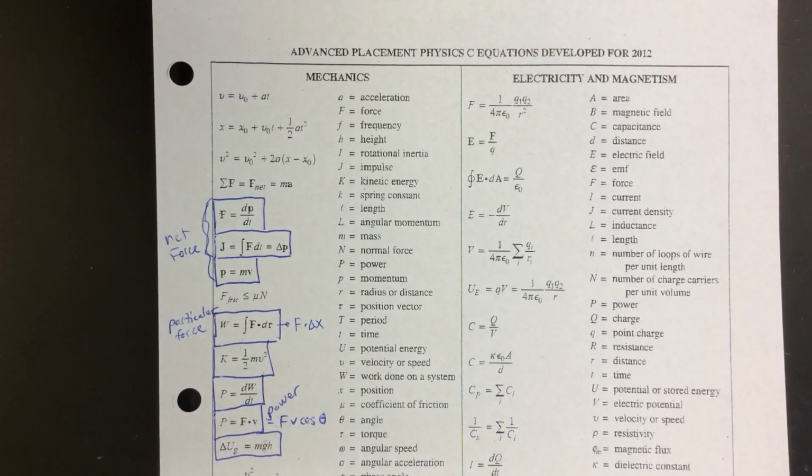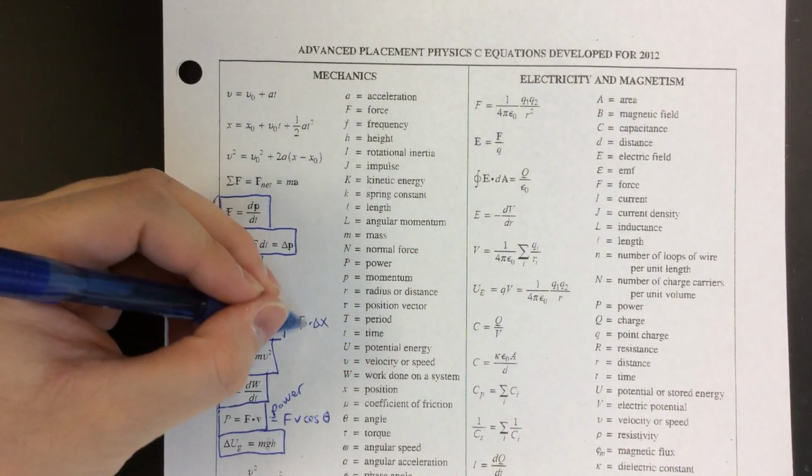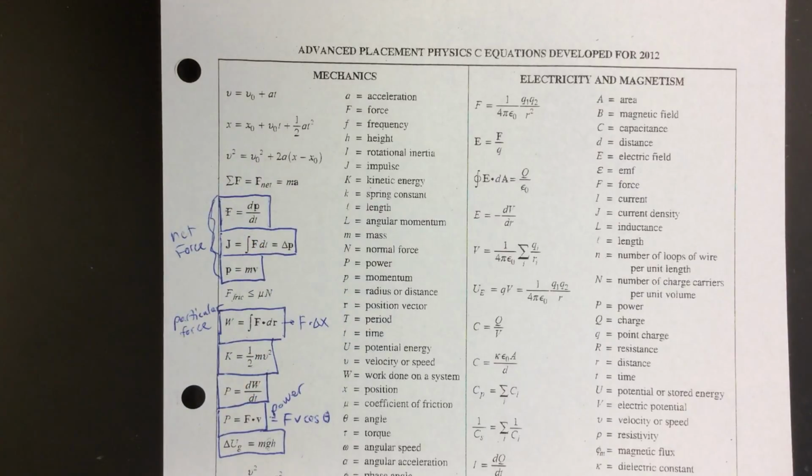So if I push forward, I am doing positive work. I'm pushing it in the direction it's moving. If friction is trying to slow it down towards me and it's still moving forward, I have friction towards me, but its displacement is away from me, then friction is doing negative work. Right? It's all about which direction force is with respect to the displacement. That's how you determine if it's positive or negative work.